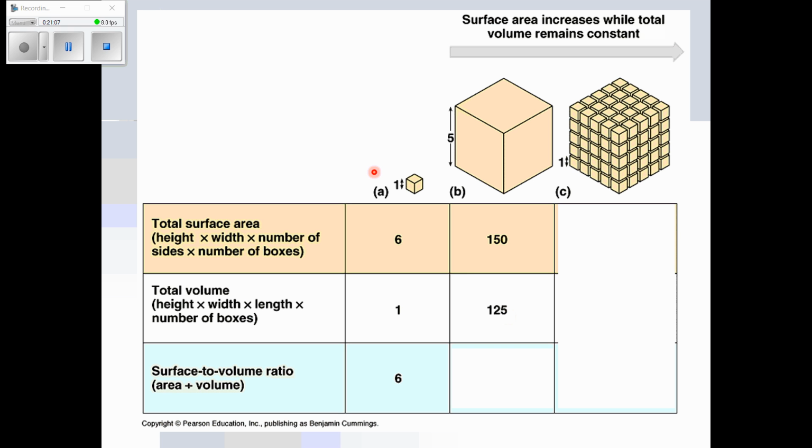That's real important for cells because the needs of the cell, the total amount of water and glucose and oxygen and other nutrients that the cell needs, are going to grow 125 times larger, but the ability to get what the cell needs is only growing 25 times larger. In other words, the needs of the cell have grown faster than the ability to get what the cell needs.